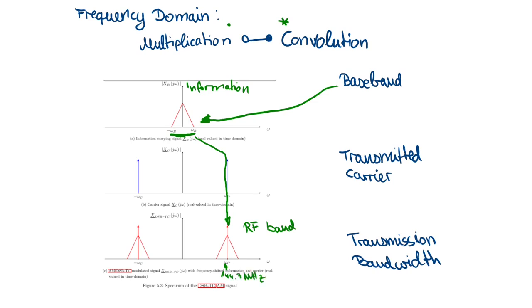Yeah, and remember that the carrier is usually a real valued signal, so it does exist physically. So it is real valued because we cannot have complex valued signals in real life.